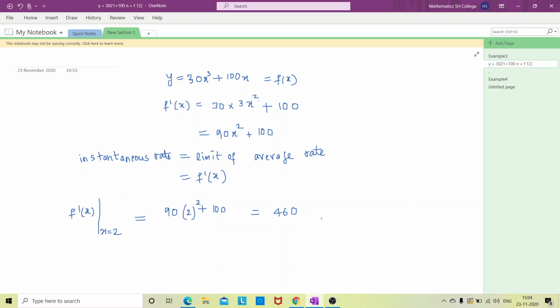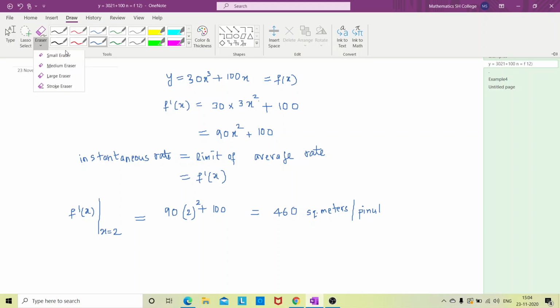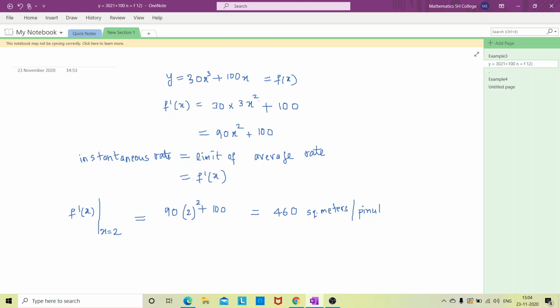Again the unit is square meters per minute. So we have found the instantaneous rate also.